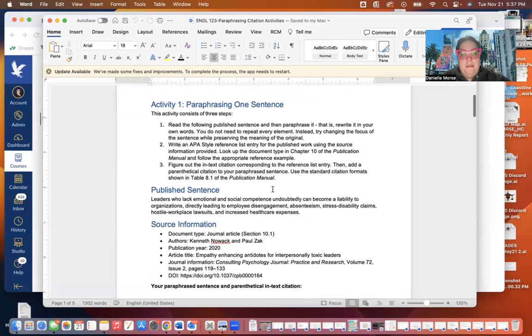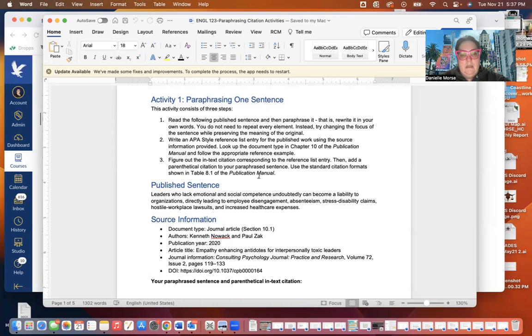So for this particular activity, it's asking you to read the following published sentence and then paraphrase it. That is, rewrite it in your own words. You do not need to repeat every element. You shouldn't. Sometimes there are things you have to repeat. So, for example, if something has numbers in it, statistics, percentages, dollar amounts, anything like that, you can't make that up.